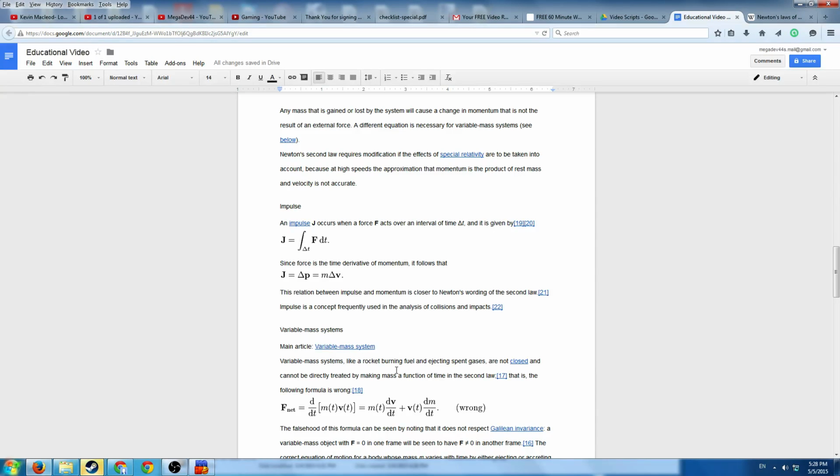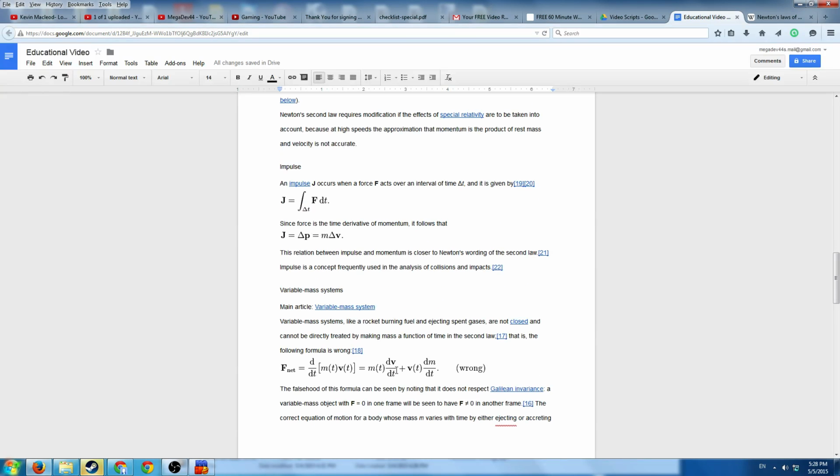That is, the following formula is wrong: F net equals d/dt of (m(t) v(t)), which equals m(t) dv/dt plus v(t) dm/dt. In parentheses, wrong.